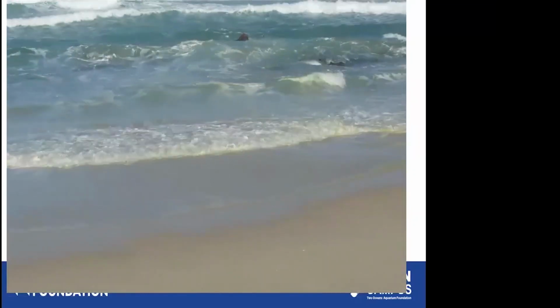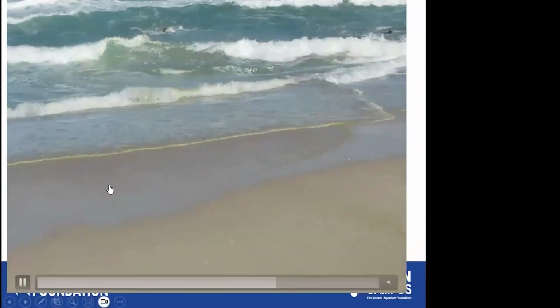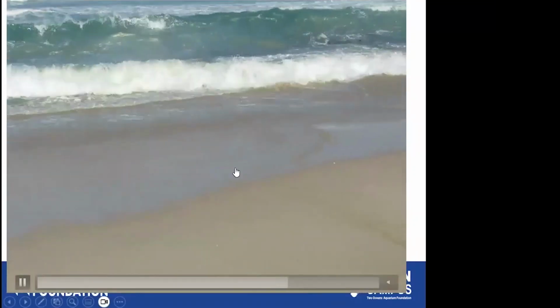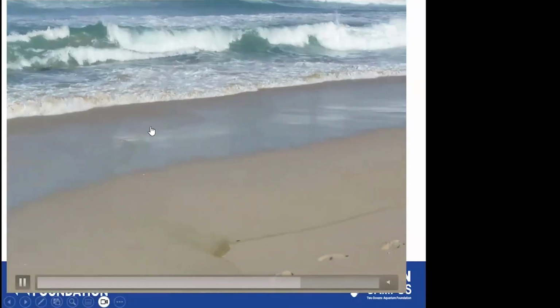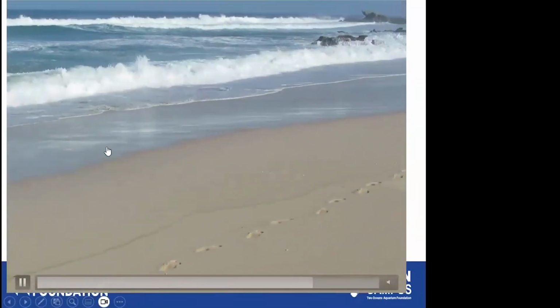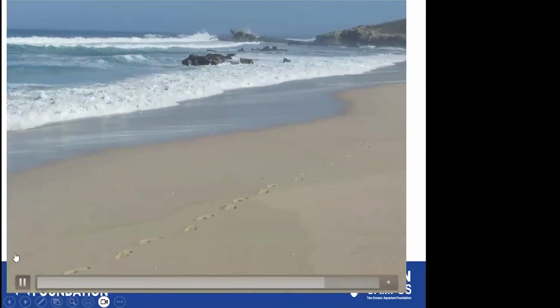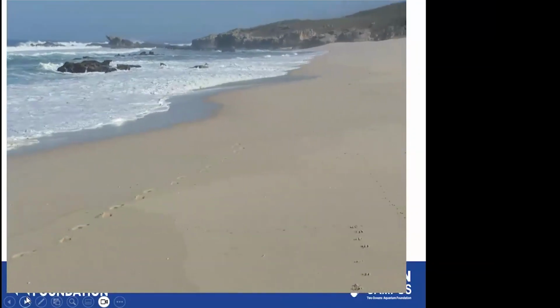And so how do they deal with those kinds of stresses? There's also not that much space for them to hide. So where do they hide? What do they do in order to deal with this constant wave action that is moving up and down the coastline?